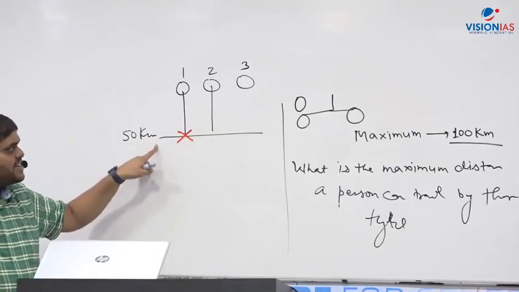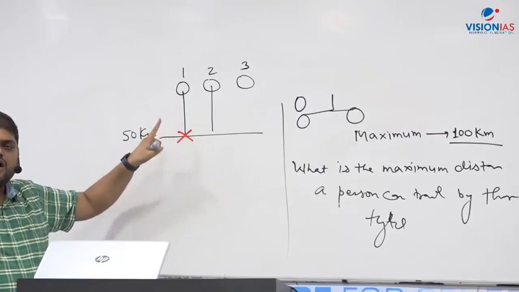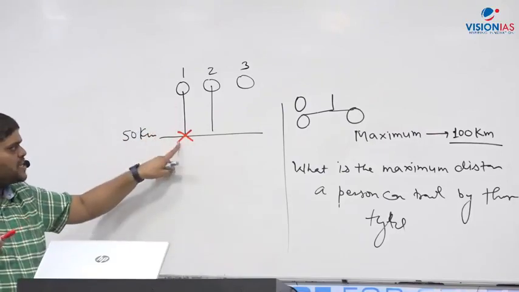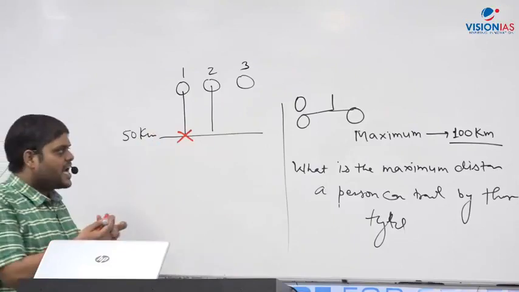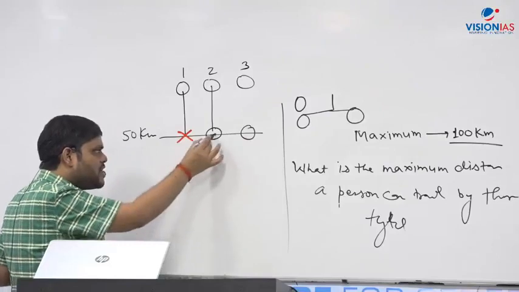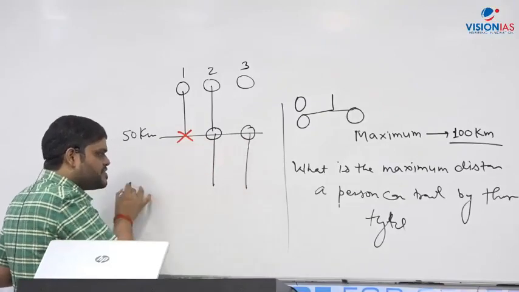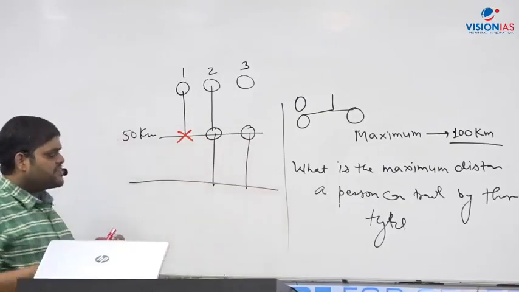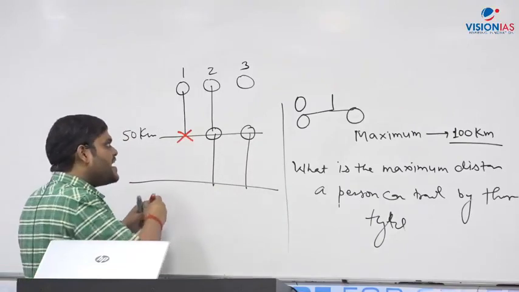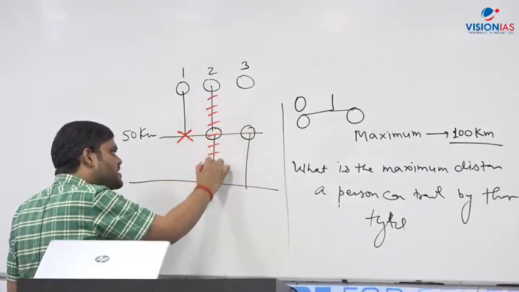That means this tire still has a capacity of 50 kilometers left, or not? I have changed one tire at 50 kilometers. Now I am using tire number second and tire number third. Now I am going another 50 kilometers. After another 50 kilometers, what happened? These tires are completely exhausted, or not?